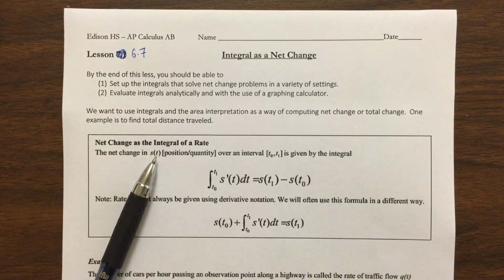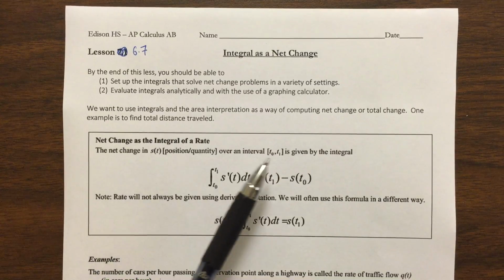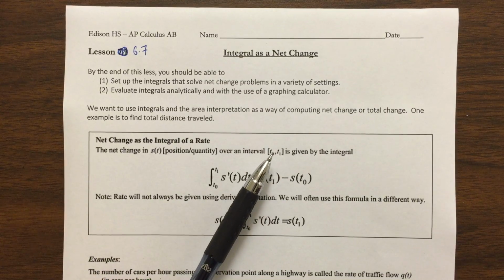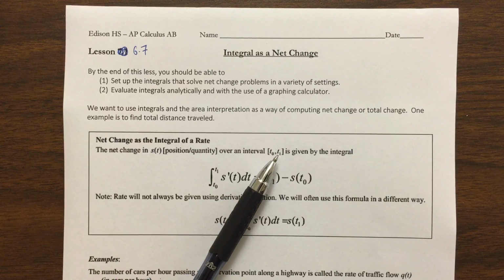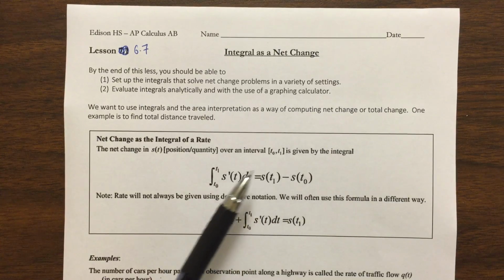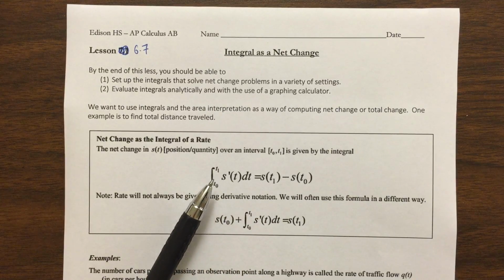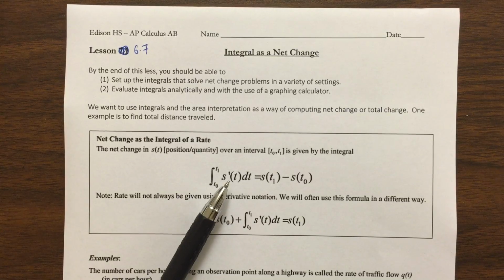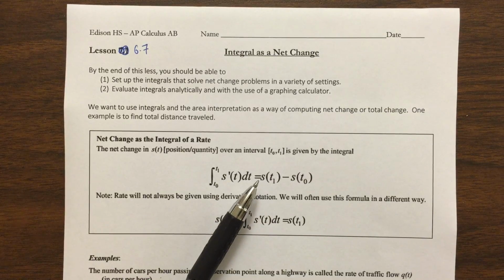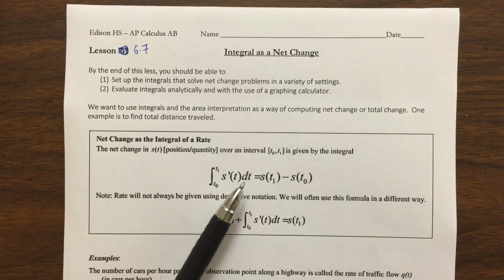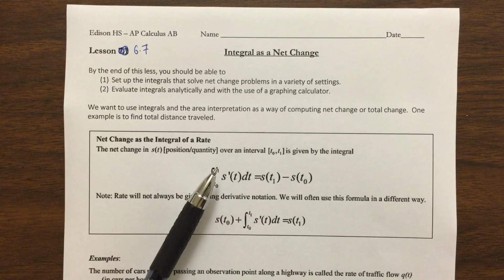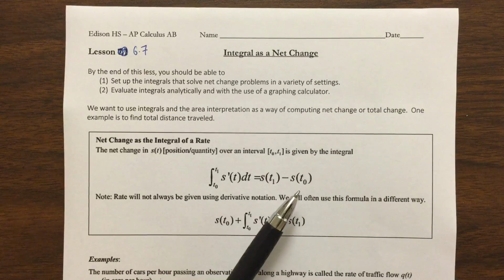Let S be the position function over this time interval, so perhaps the first hour to the fourth hour. Then the definite integral from time 0 to time 1 of its derivative is equal to the antiderivative evaluated at the upper bound and the lower bound, and then we subtract them.